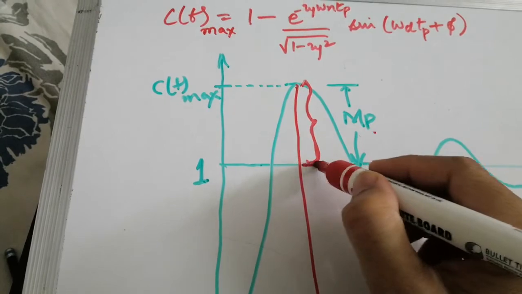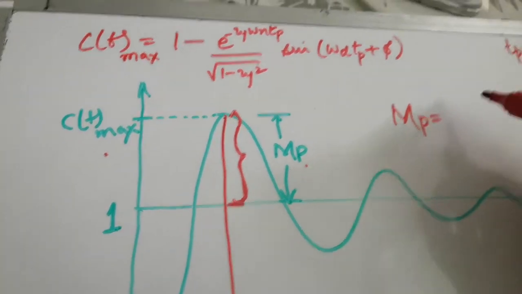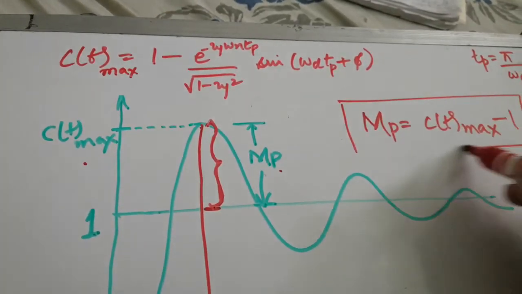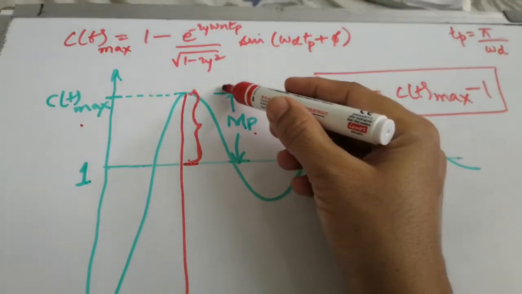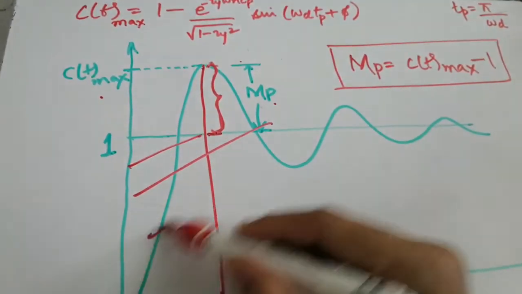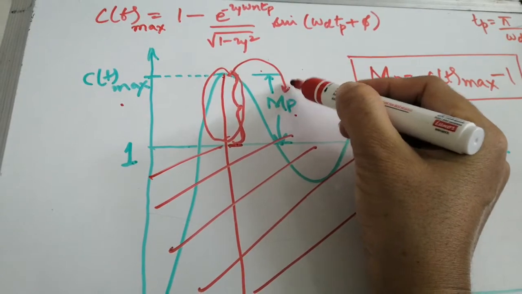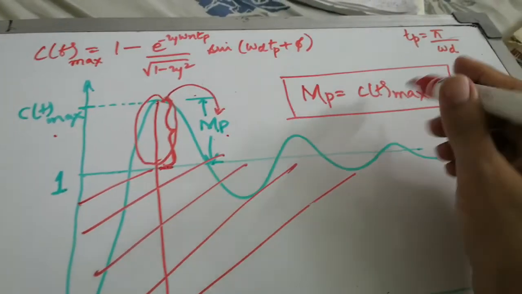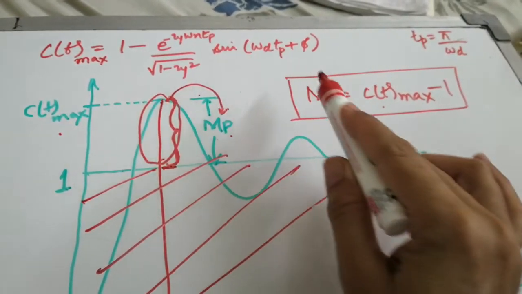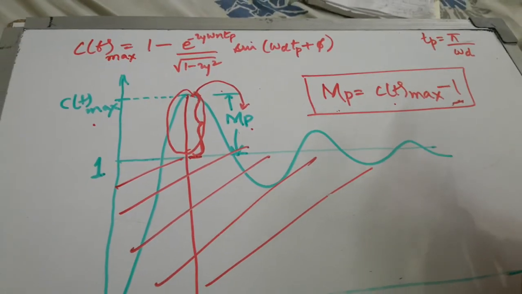So if we have applied step input and we know the value of Ct maximum, we know that our Mp will be equal to Ct maximum minus 1, because you can see that the total value here is Ct max, and if we subtract this portion from here, what we get is this much value, and this value corresponds to our Mp. So we are going to do the same thing. Firstly we calculate the value of Ct maximum, and after that we find the value of Mp by subtracting 1, because we are calculating this for unit step input, right?